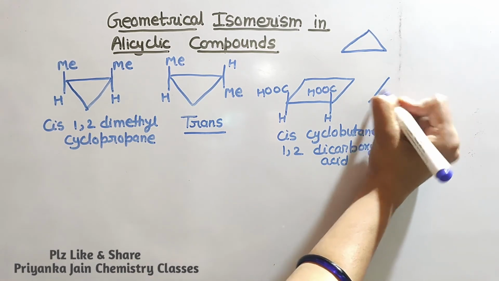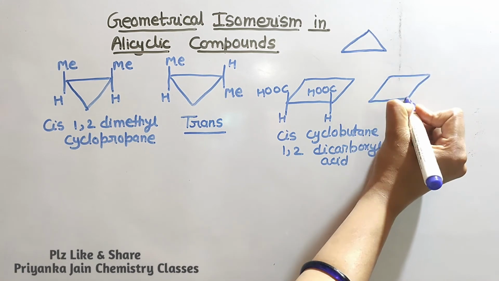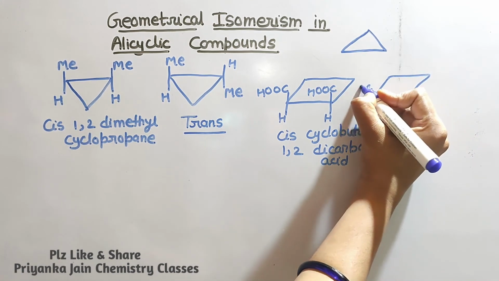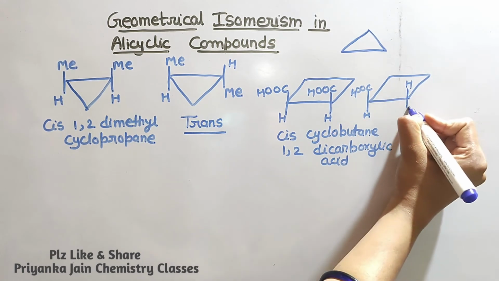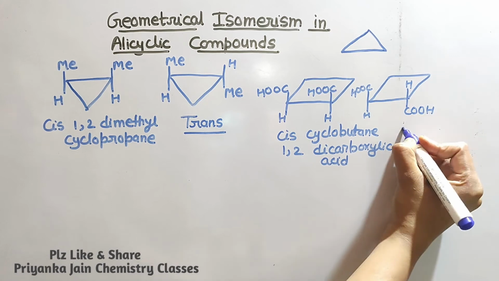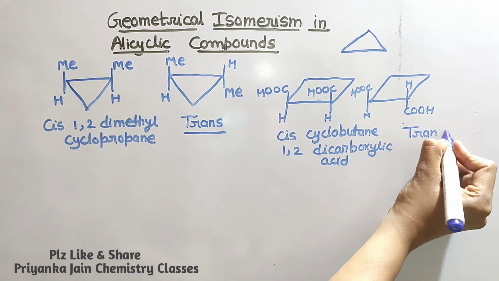And if they are present on the opposite side, then this is called the trans isomer.